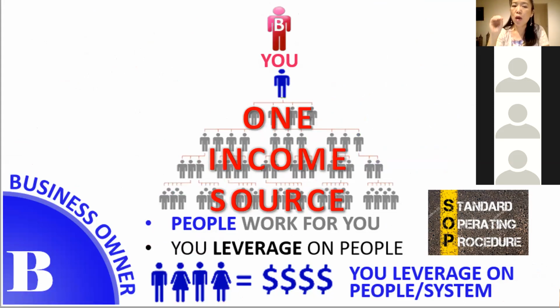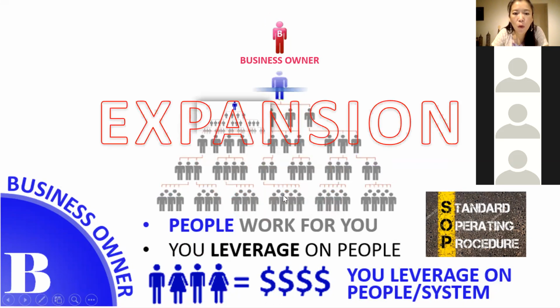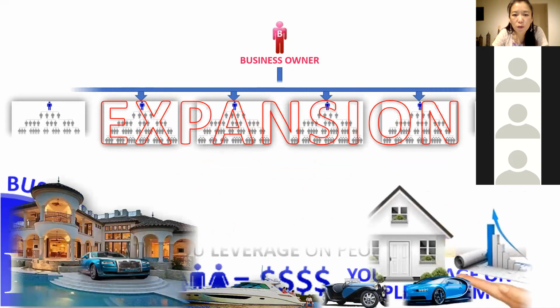What that means is if you actually lose that particular business, then your income will die. And obviously that's not ideal, right? Although if you have a business that you can expand, then you will have more than one source of income.